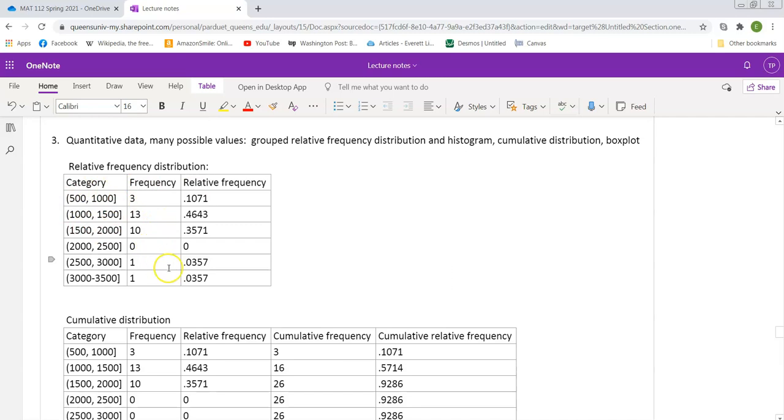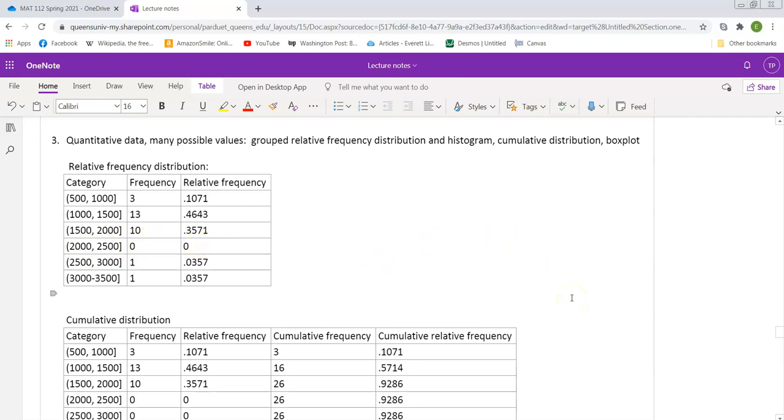And then we have our frequencies and our relative frequencies, just the same way we did before. I'll point out here that there were no observations in this category, but even so, we want to leave a blank for it, okay?